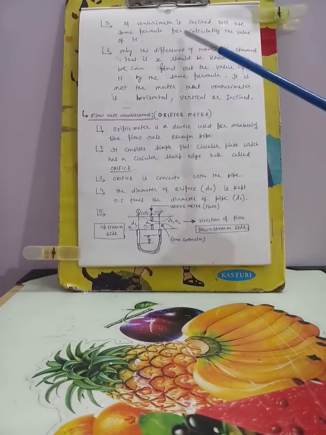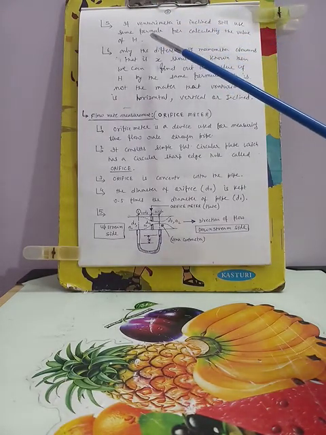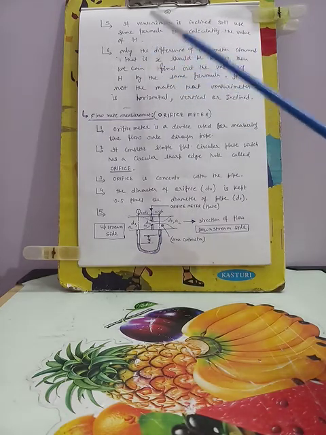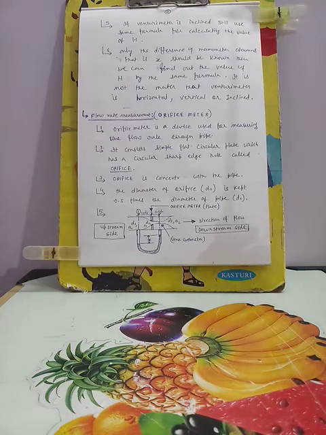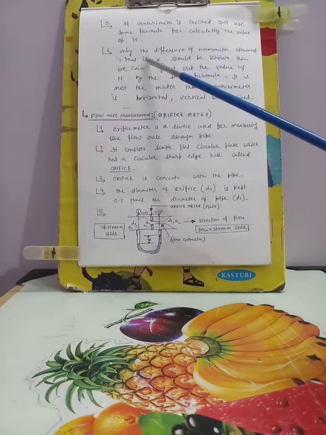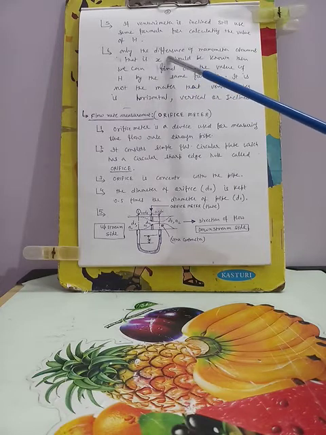Even if the venturimeter is inclined, you can still use the same formula for calculating the value of H. What is important is the value of x, the difference of the two manometer columns.